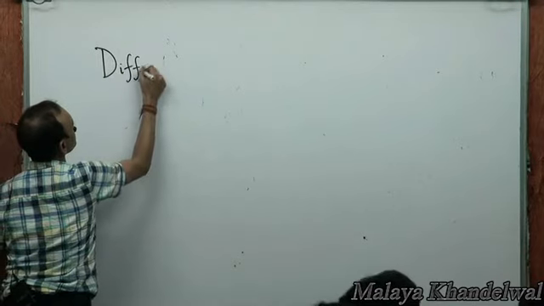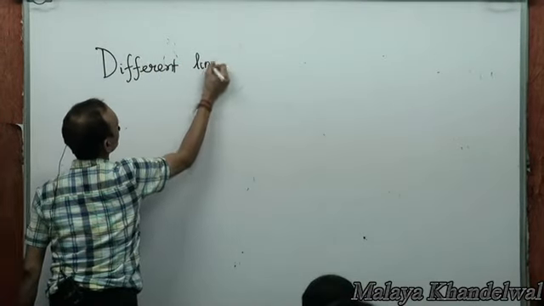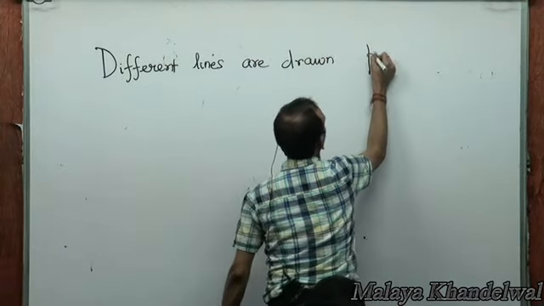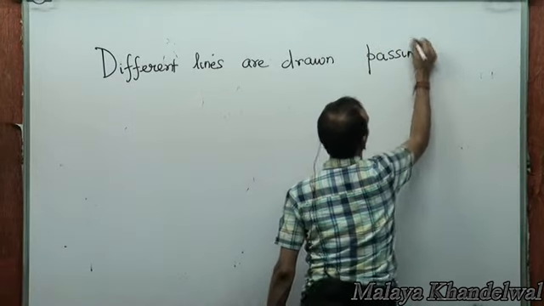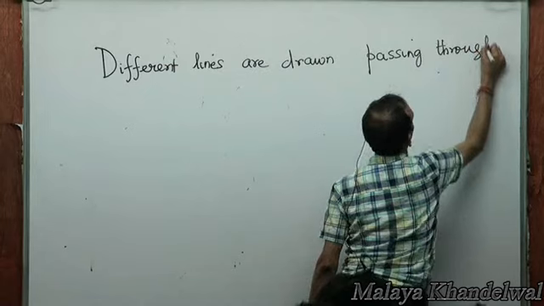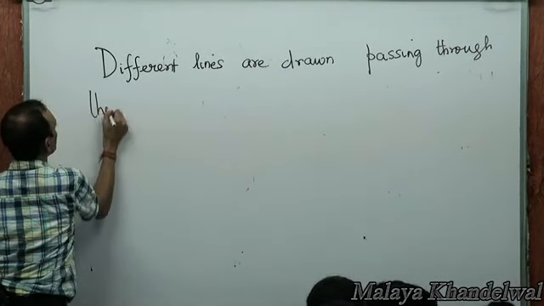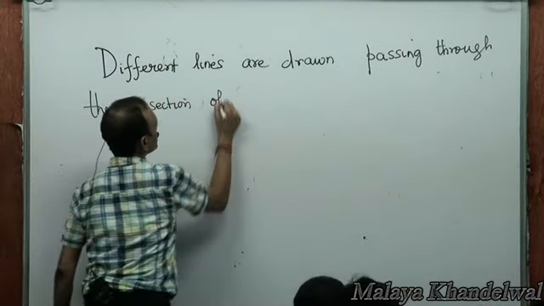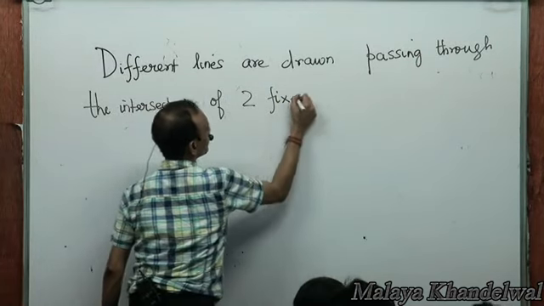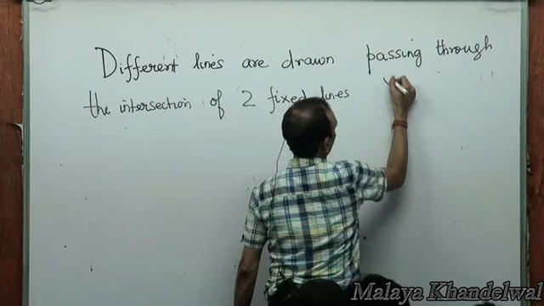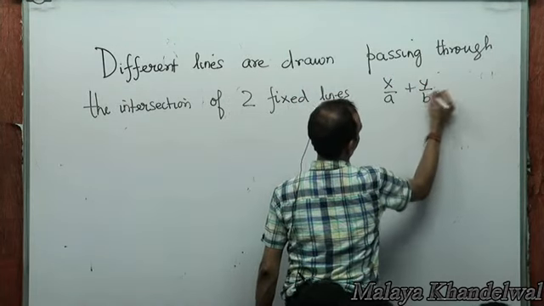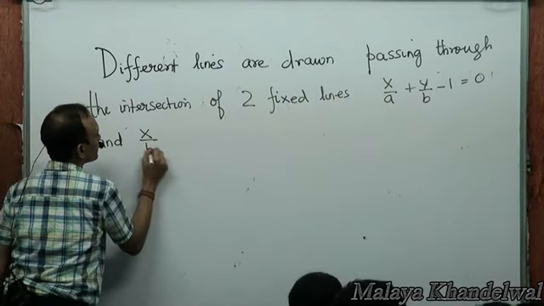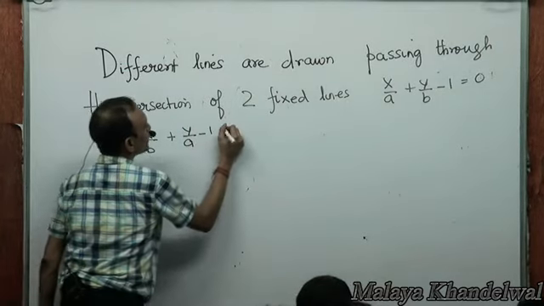Different lines are drawn passing through the intersection of two fixed lines, call them x by a plus y by b minus 1 equal to 0 and x by b plus y by a minus 1 equal to 0.